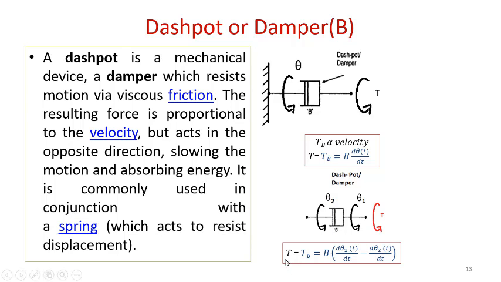So that is given as T equal to Tb equal to B bracket d theta 1 by dt minus d theta 2 by dt. This is for the case where the two ends of a damper element are free to rotate.